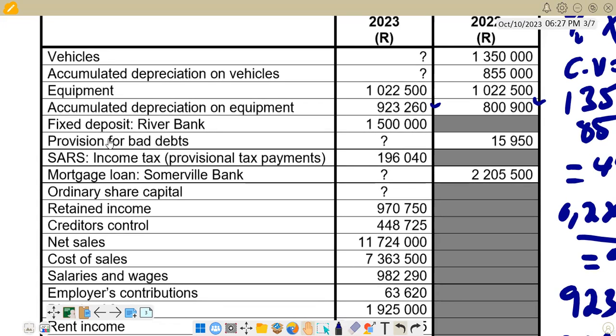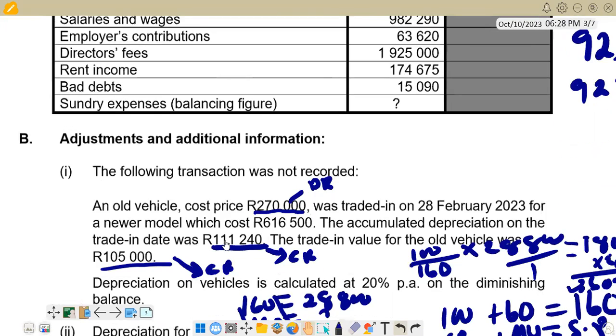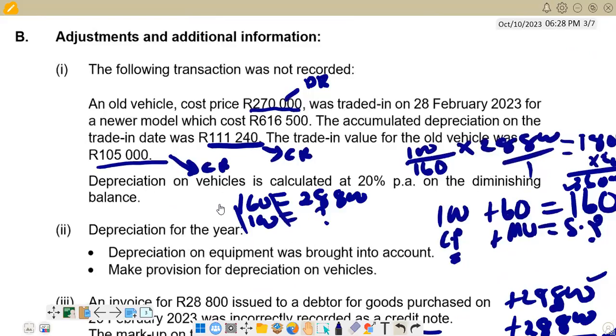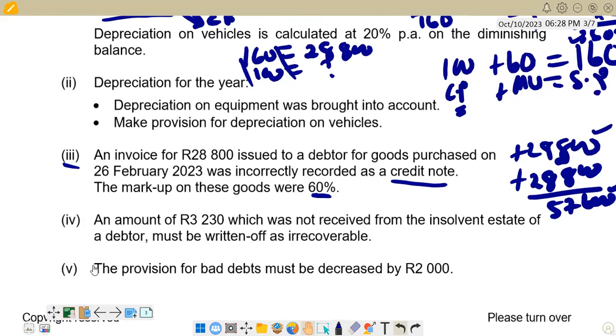Of course, we have got provision for bad debts, but we are already told that this provision is a decrease, and we know that if it's a decrease, it's income. But when it's an increase, that's when it becomes an expense. So if you come here, we are told that on 5, the provision for bad debts must be decreased by 2,000. So this 2,000 is income. So we are going to put that one as provision for bad debts adjustment.